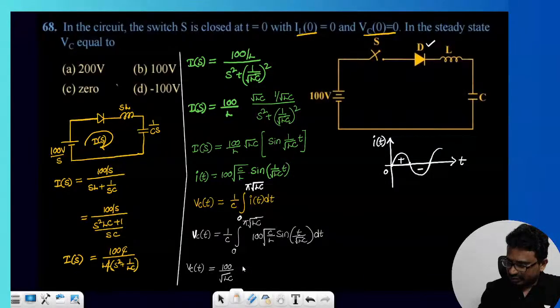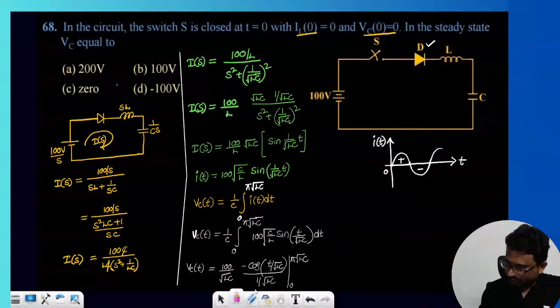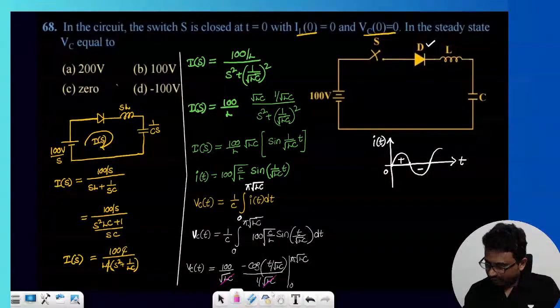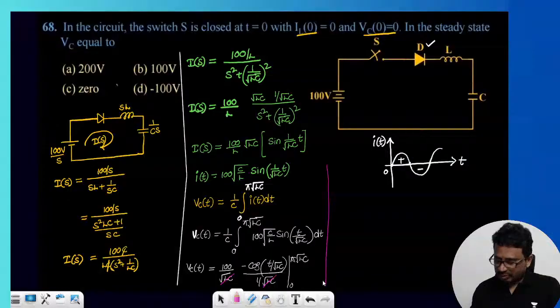Integration of sine is minus cos of t by root LC divided by 1 by root LC, and the limits are 0 to pi into root LC. Here root LC will get cancelled. Now substitute the limits.